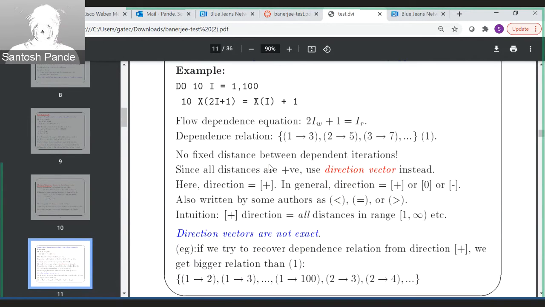It may be a varying number, but whether it is a positive number or a negative number, based on that, we can fix the direction vector over there. And you can see that in this particular case, that will be a less than direction, because the distance will keep increasing, but it will remain at the less than level.